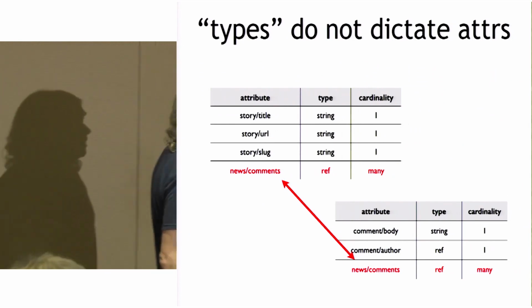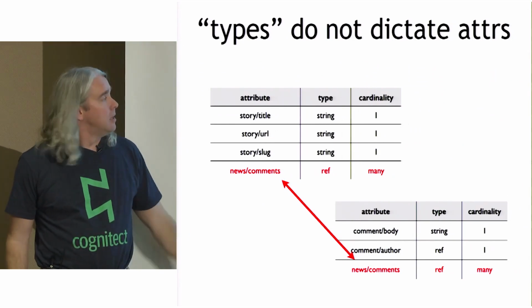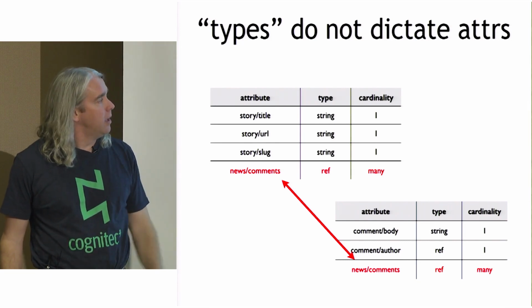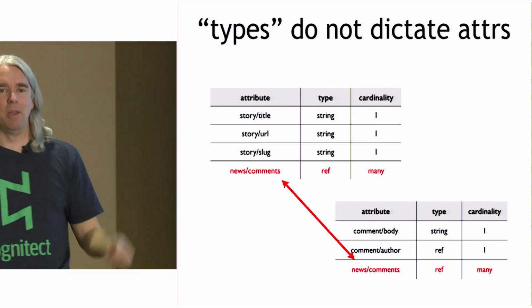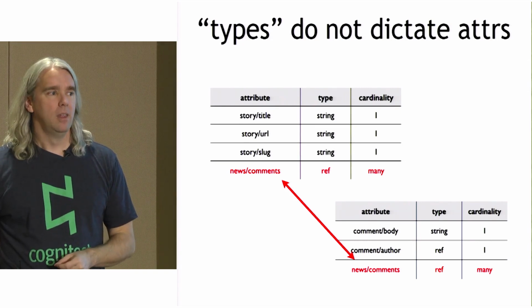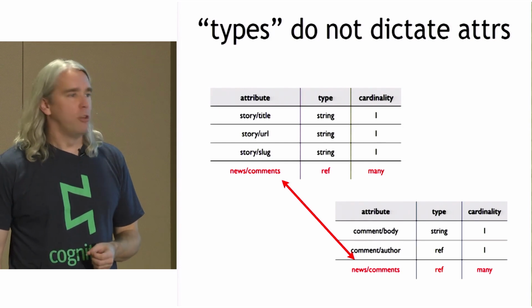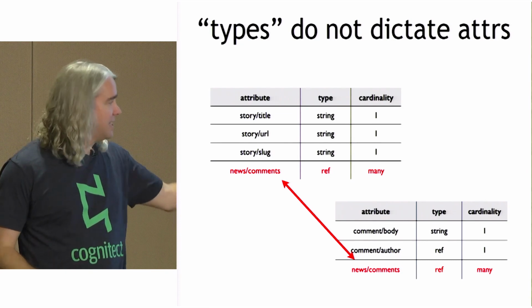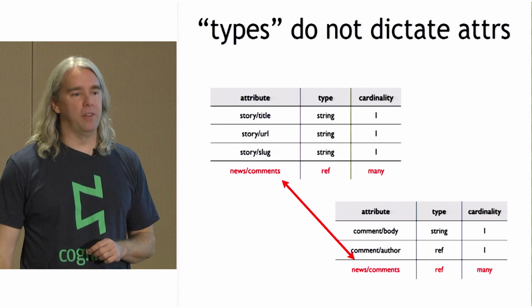In particular, this allows you to have attributes that are used in multiple contexts. So the comment attribute can lead from a story to comments about that story, or it could lead from a comment to comments about that comment. So if you have 2 different entity types in the system, both of which really have a relationship with the same semantics, then you can use that exact same name. Now, to be fair, this is something that people overuse all the time.